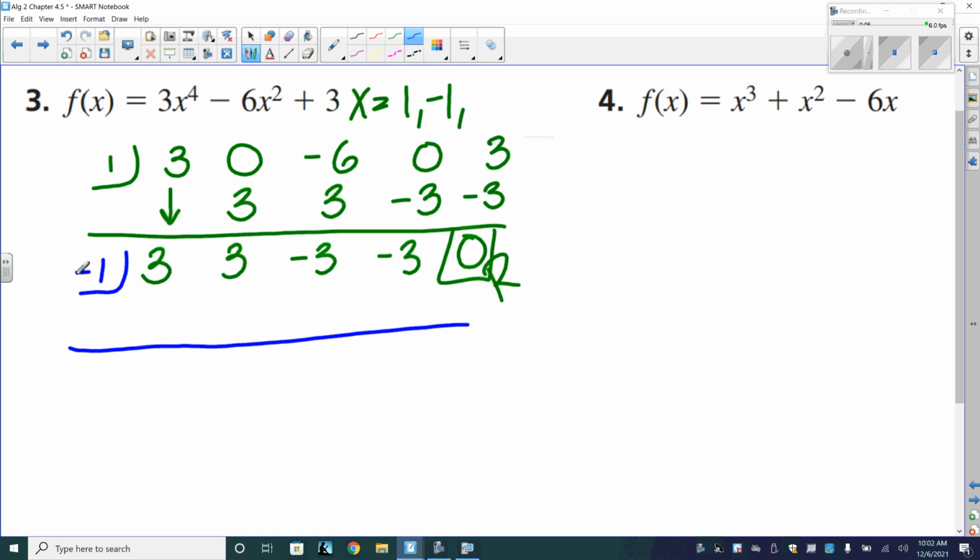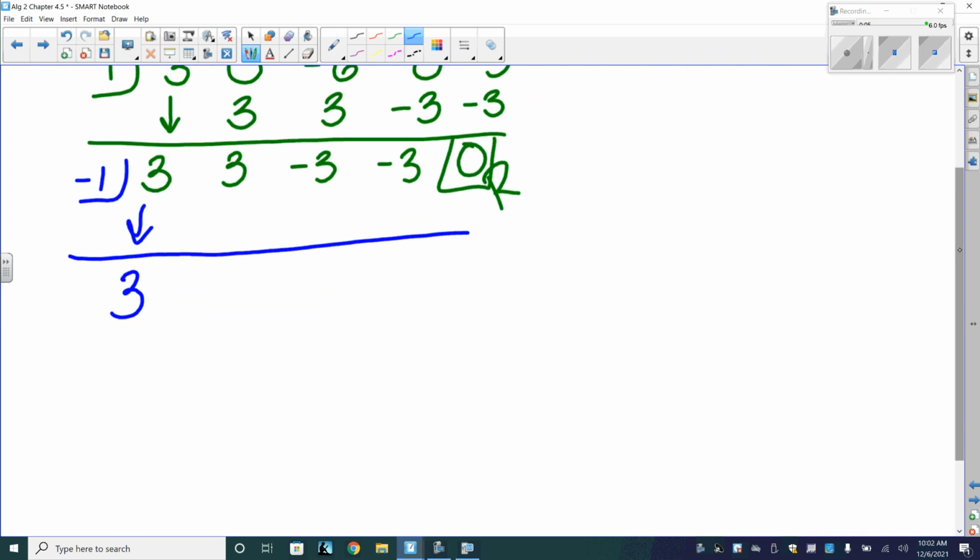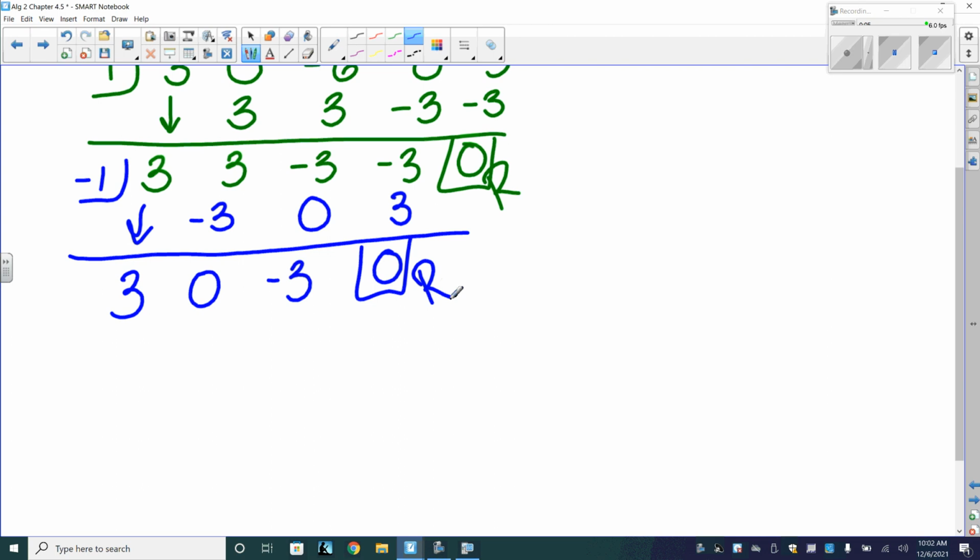We can do -1, bring down the 3, and do this again. -1 times 3 is -3. 3 plus -3 is 0. -1 times 0 is 0. -3 plus 0 is -3. -1 times -3 is +3. And -3 plus 3 is 0, which is the remainder that we thought we should get, and we know we would get.